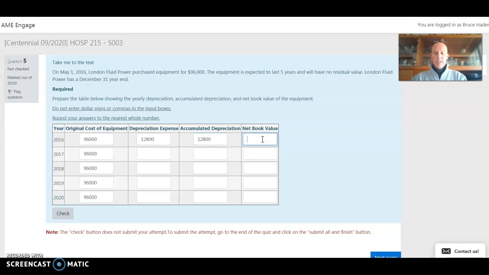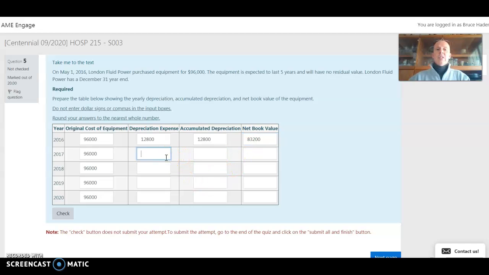So after 8 months of operation with that equipment, from May the 1st, 2016 to December the 31st of 2016, with the new fiscal year in 2017, our equipment is now worth $83,200.